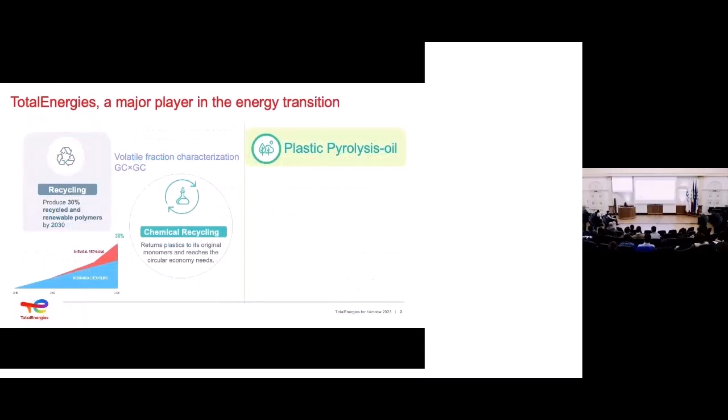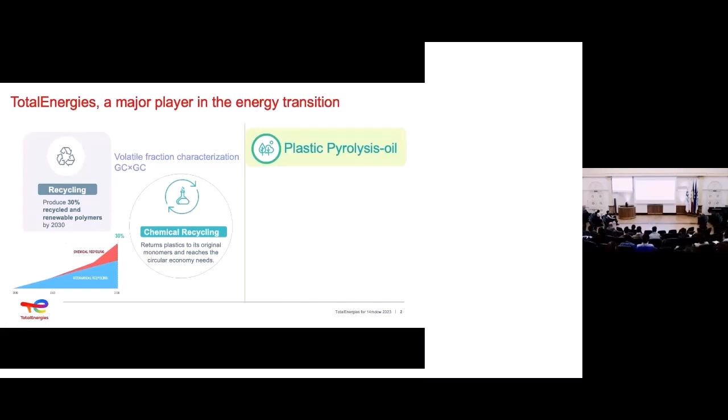TotalEnergies is working hard on the transition from fossil-based to bio-based fuels. In recycling, the company aims to produce 30% recycled and renewable polymers by 2030.